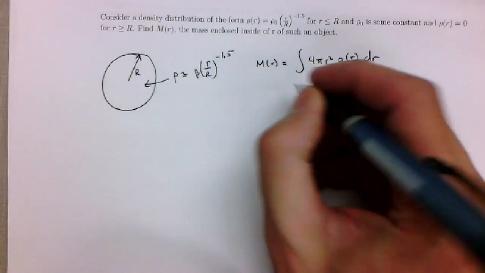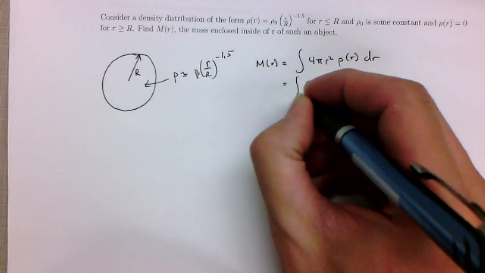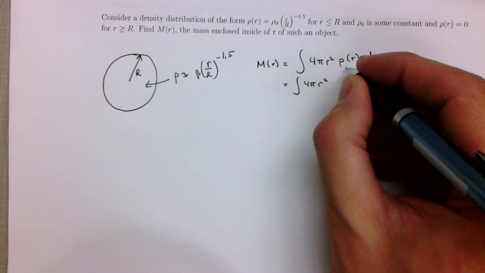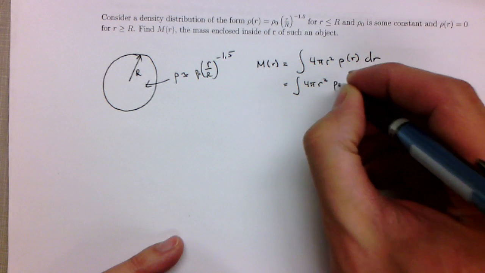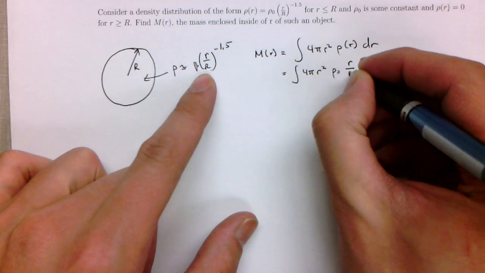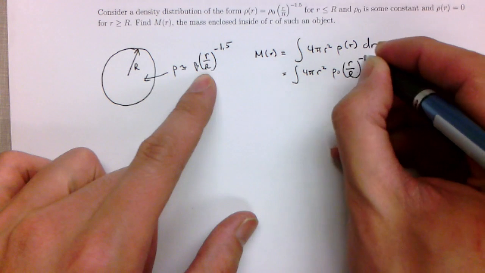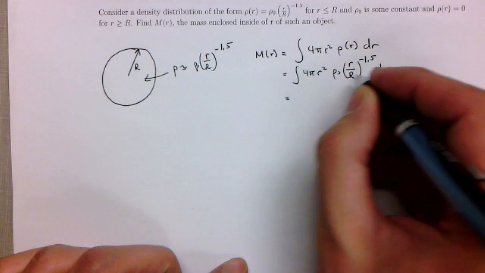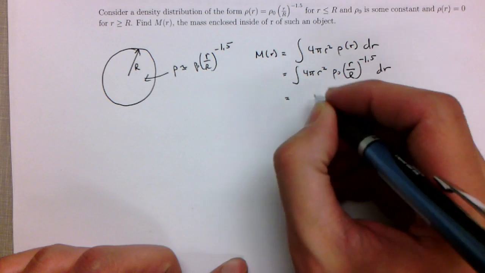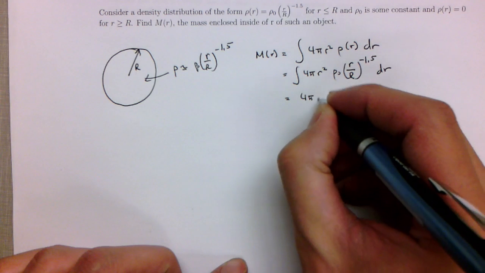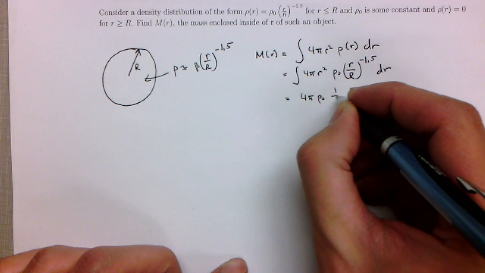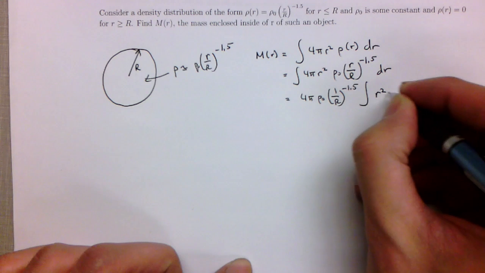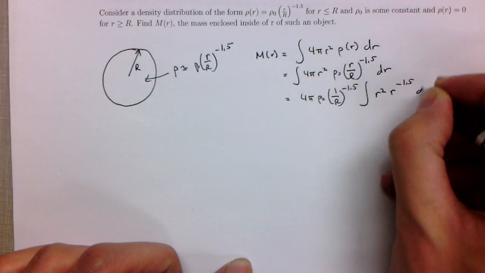Once we have this, we can set this equal to the integral of 4 pi r squared times rho(r). Now what's rho(r)? Rho(r) is just rho 0 times (r over capital R) to the minus 1.5 dr. I'm going to factor this and break it up. It's going to be 4 pi rho 0 times 1 over R to the minus 1.5, times the integral of r squared r to the minus 1.5 dr.